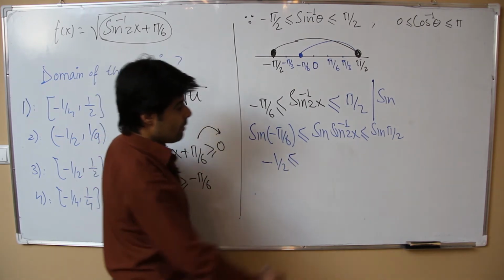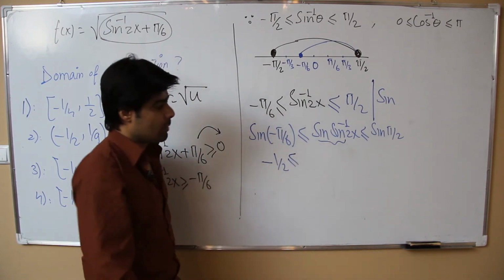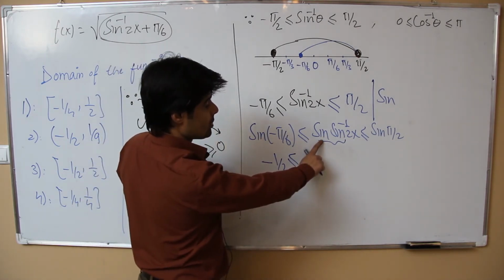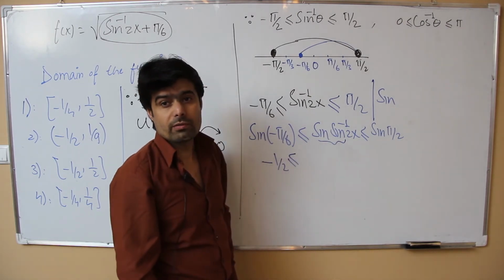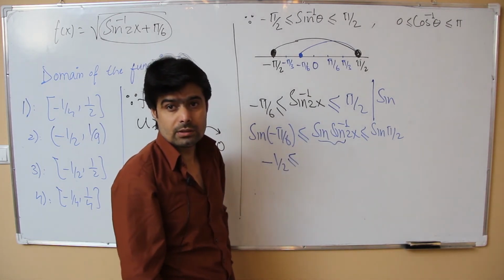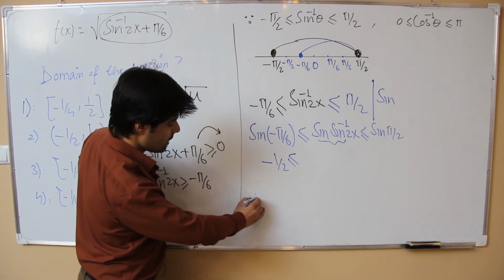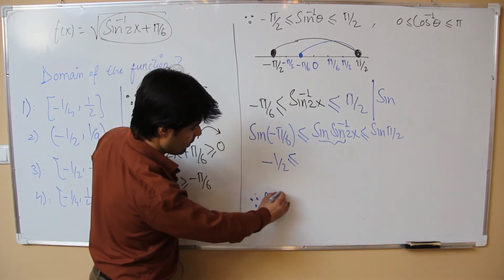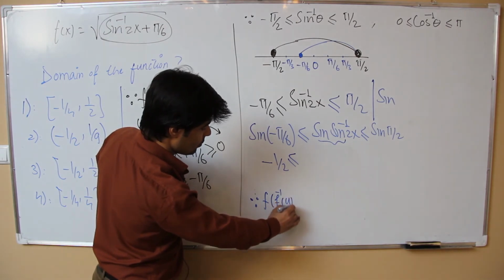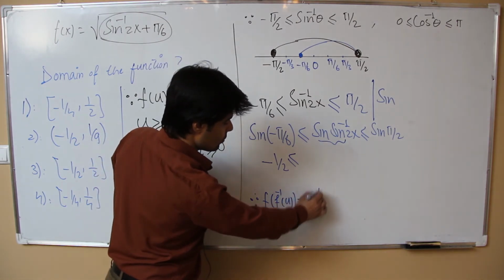Now in here, we have a combination of a function with its inverse. What is the combination of the function with its inverse? It means if we have f of f to the power minus 1 of u, it is u.